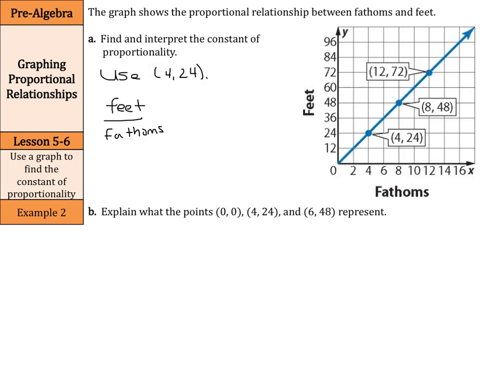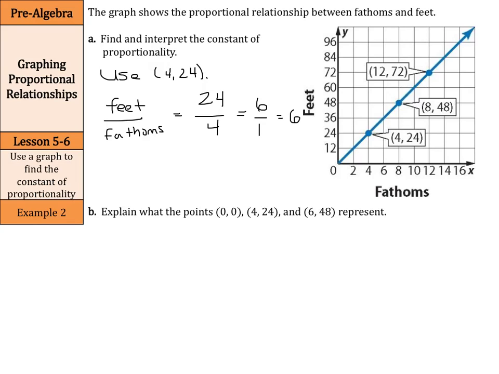It's going to be our change in y over our change in x, which is feet over fathoms. For this, it's going to be 24 over 4, which simplifies into 6 over 1 by dividing by 4 on top and bottom, or just 6.